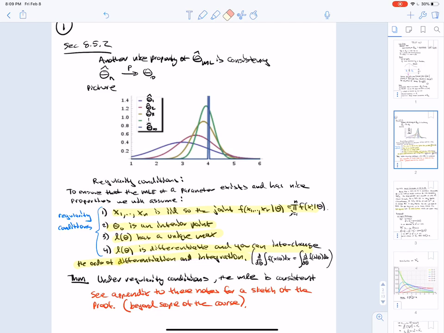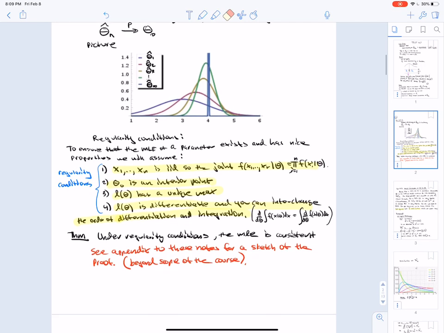So we get distributions that become more and more concentrated at the true single value. It looks like 4 is the value of theta naught.